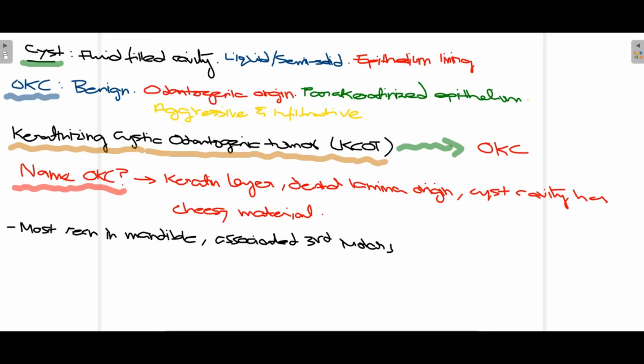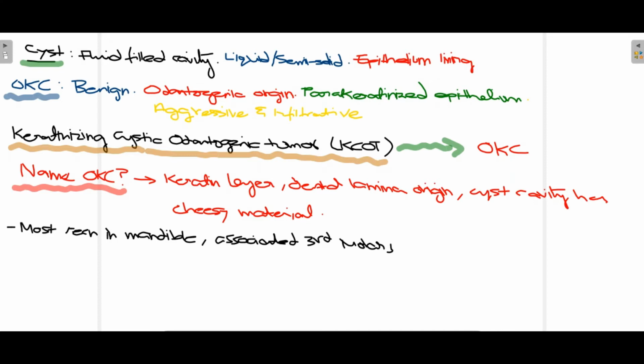Now, aggression of this OKC and infiltrative nature may or may not be present, but it is benign, it is of odontogenic origin, and the surface is parakeratinized. These features are present. Previously, OKC was termed as keratinizing cystic odontogenic tumor, but recently this has been reversed and it is again called odontogenic keratocyst.